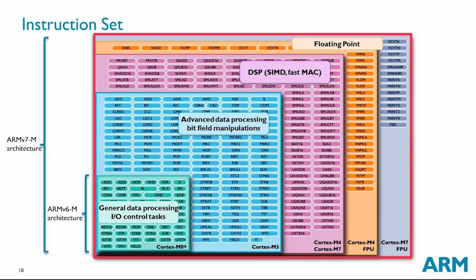Now, if I say a processor core has an optional FPU, that means that ARM offers this as a licensing option to its partners, but the MCU vendors have to decide whether they want to put an optional unit into their MCUs or not. So some parts are mandatory. If you license a Cortex-M core, those have to go in there. Other parts are optional. A floating point unit is one of these things. It is available on the vast majority of Cortex-M4 cores, but not on all of them.